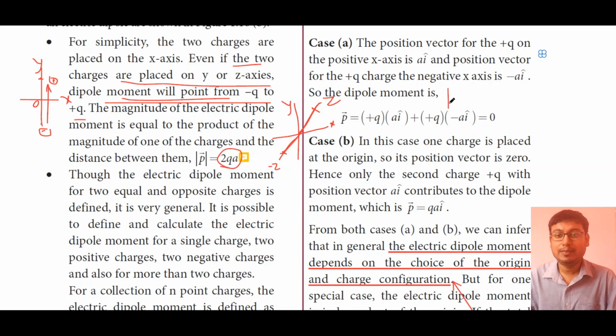In actual, the dipole moment p is equal to q, the magnitude of any one charge, into the distance 2a, because a is the distance from the origin to that charge. So the dipole moment is q into 2a, or 2qa in magnitude, and its direction lies from the negative z-axis to the positive z-axis.